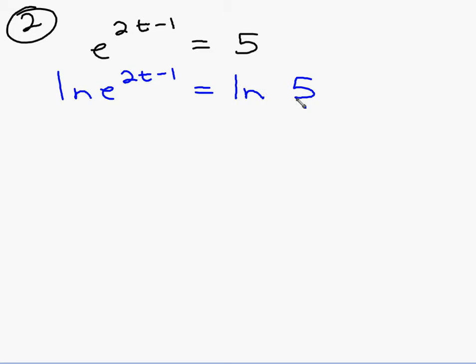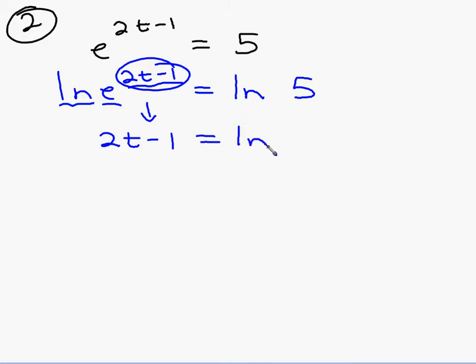The reason we do that is because on the left side, the natural log of e to a mess is just this mess. So this is just the same thing as 2t minus 1. That equals the natural log of 5.